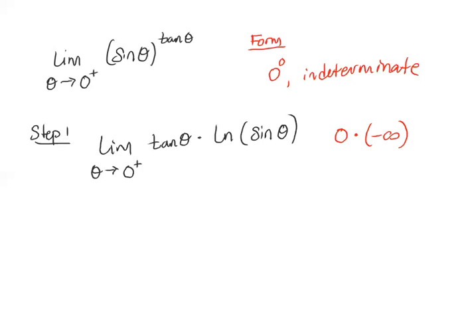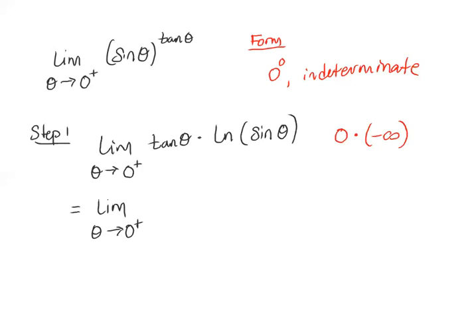So I have to rearrange this in some way that will allow me to use L'Hopital's rule. Let's see, how could I do this? Tangent would be the logical choice to take the reciprocal of, because its reciprocal has a definition in trigonometry.